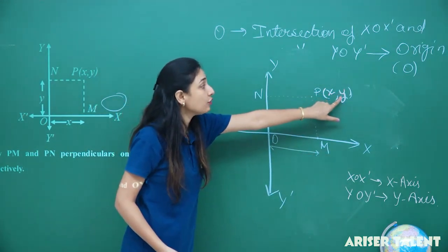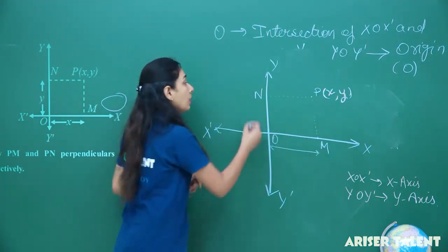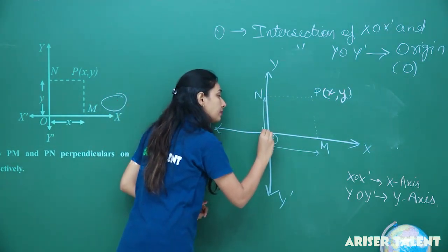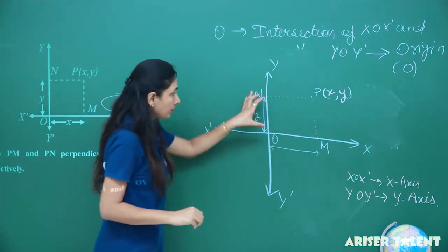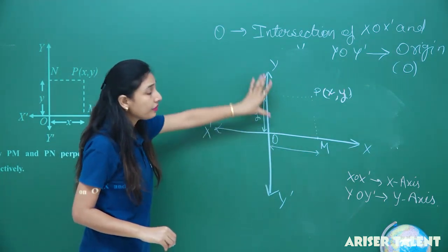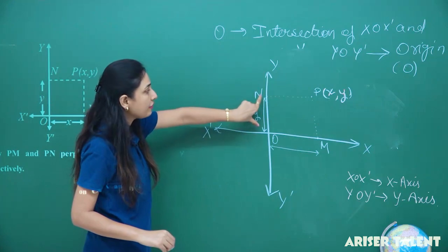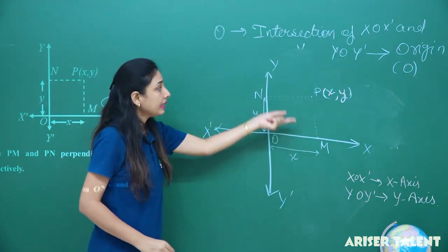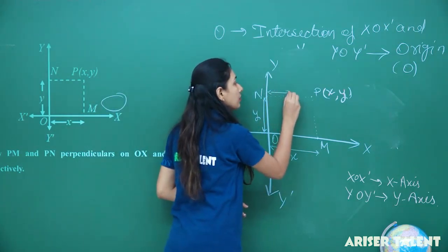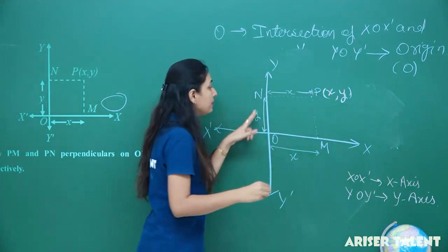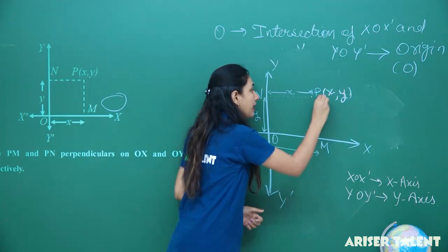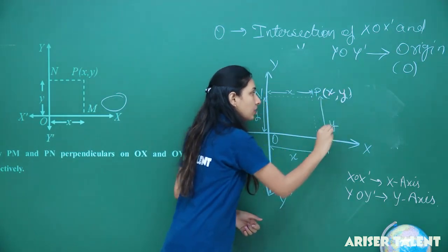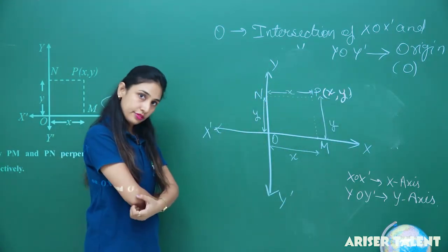Now that will be y here, the distance on the y dash axis. If this is x, that will also be x, and if this is y, that will also be y. Understood?